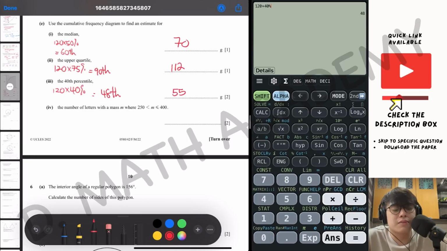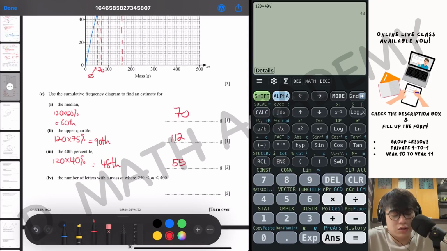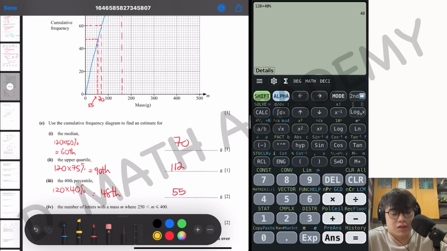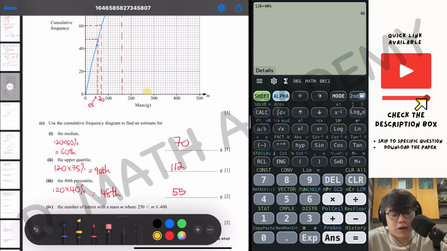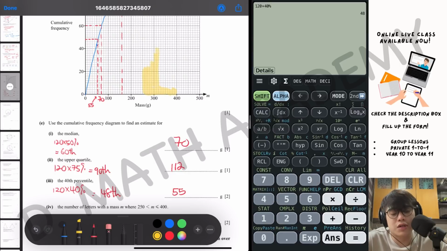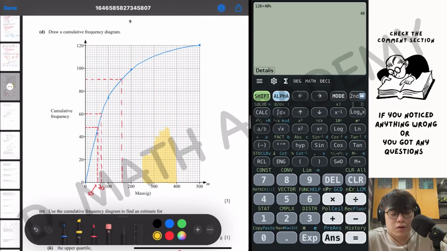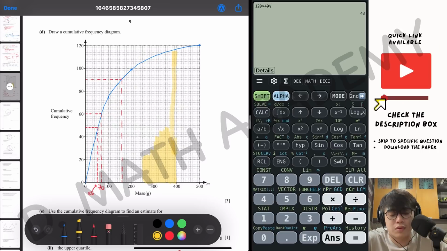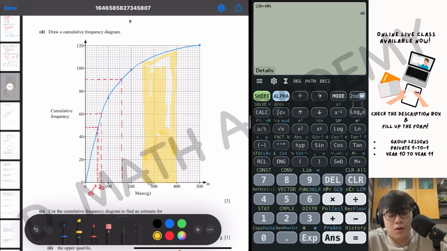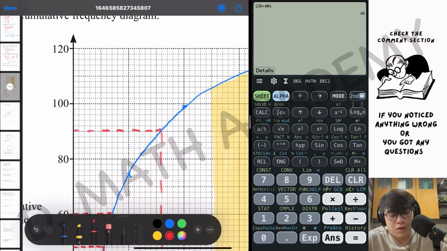And the last part here, the number of letters with a mass of 250 to 400. So let's check it out. From here, 250 is this, all the way up to 400. So when we trace it up, I'm using this highlight to show you. Okay, so when we touch all the way up here, like what they wanted, and then to this section, there should be two answers involved, which is this part.